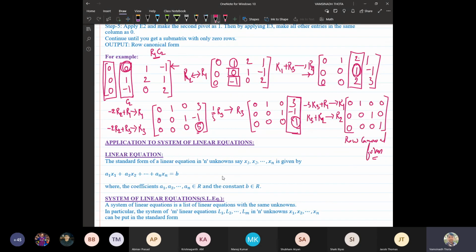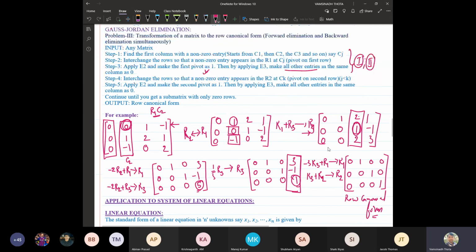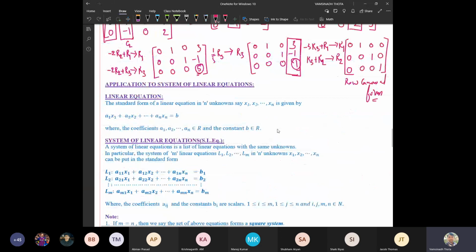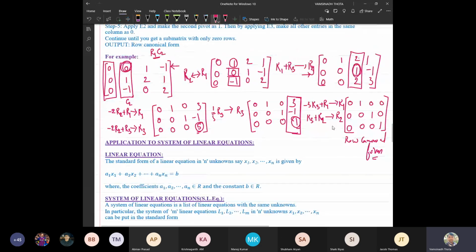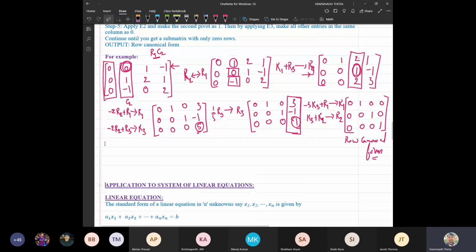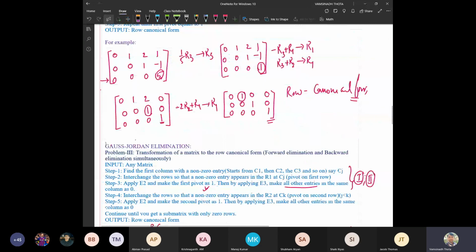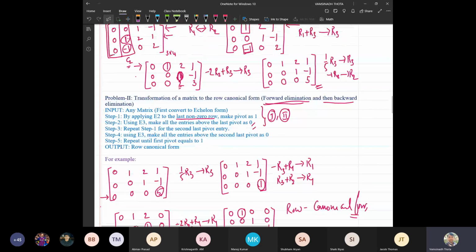You can see that in the previous procedure also, whether you do forward first and then backward, or do forward and backward simultaneously, in both cases we received the same row canonical form. So this is where the elimination process ends. One elimination is called the Gaussian elimination, and the second one is called the Gauss-Jordan elimination.